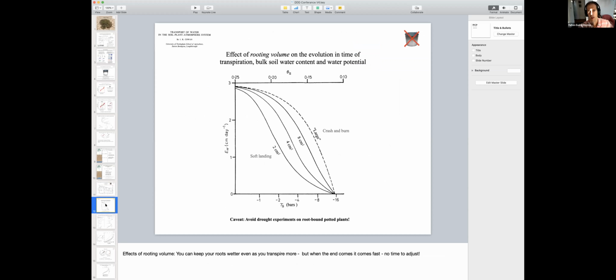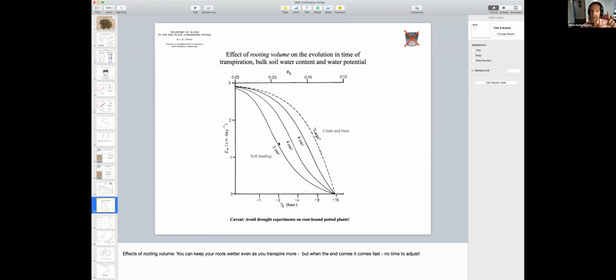Okay, now. How does rooting volume affect this? This is an interesting little aside. We have 4 different densities of rooting volume, from less to a lot. And what's interesting is that I don't think rooting volume shows up in those pre-dawn midday plots.